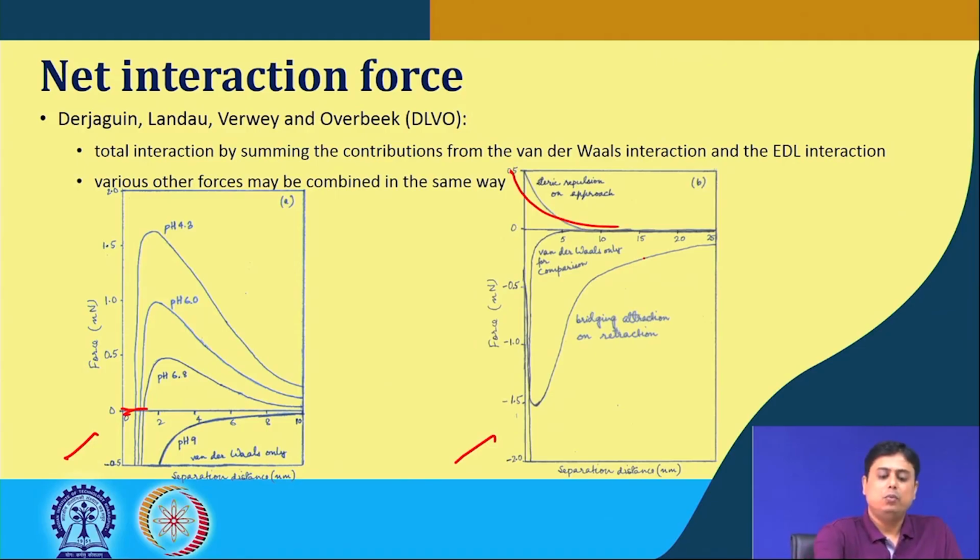So, in this case we can have the long range attractive force on retraction or separation, and in this case this is the short range repulsive force as per this polymer bridging or the steric repulsion.